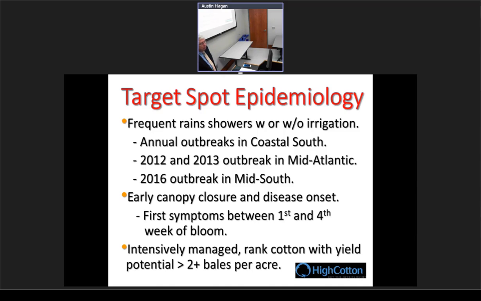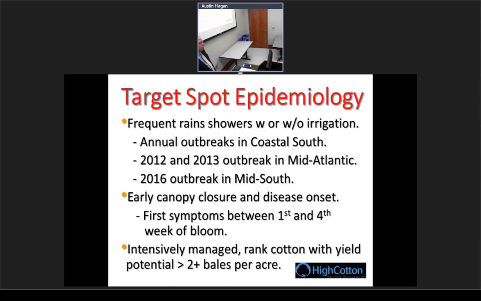And then similarly, we had the same situation in the Mid-South this past year, where in the Mississippi River Valley, there was a tremendous amount of rainfall between June and into the middle of August, again providing very conducive conditions for the development of target spot. So outside of that coastal region, we're going to need some really wet weather patterns in order to drive the disease.